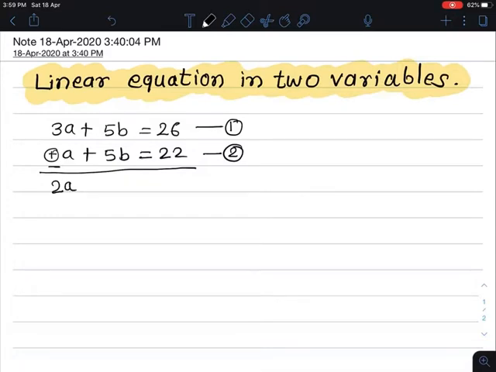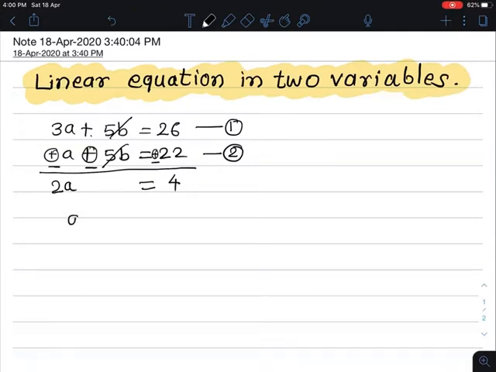Now 5b, after subtracting the second equation, that is plus 5b, means we write minus 5b, so 5b minus 5b gets cancelled. 26, and the plus 22 after subtracting becomes minus 22, so 26 minus 22 is 4.